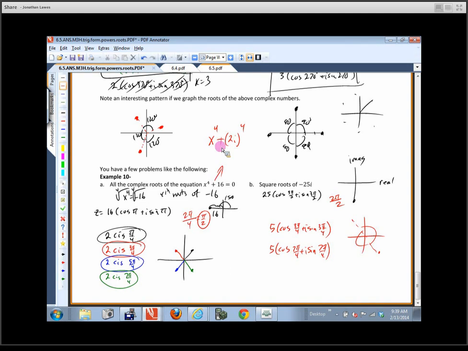Would that work? Let's see, what if we wrote it as 2i squared and raised that to the second and wrote that as x squared squared? Okay. Solving these algebraically can be kind of tricky. So relying on this method, this was relatively easy, wasn't it? Okay. All right. Any questions?